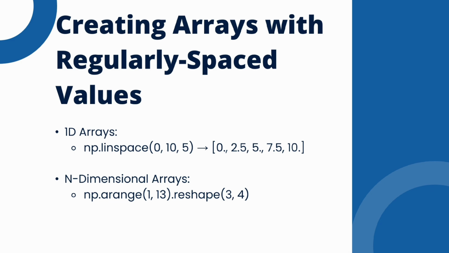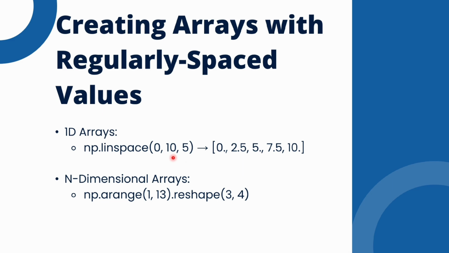You can control how many numbers to generate between two endpoints. np.linspace(0, 10, 5) will create 5 evenly spaced values from 0 to 10.